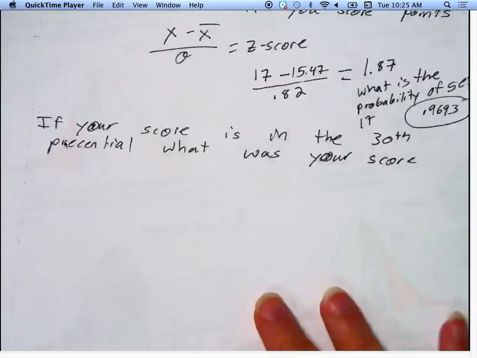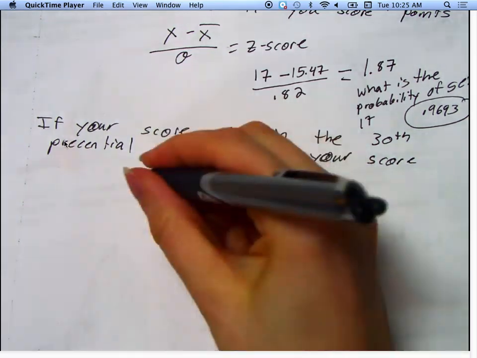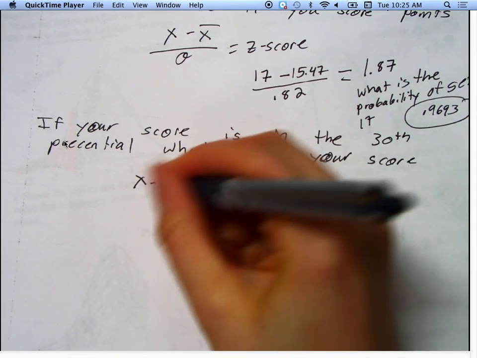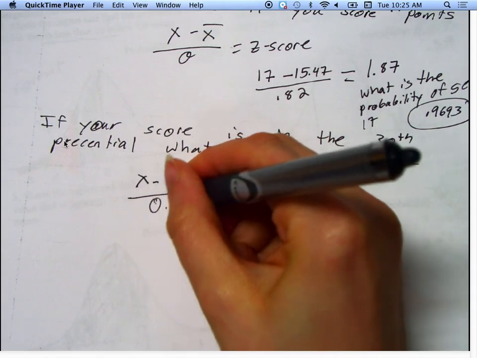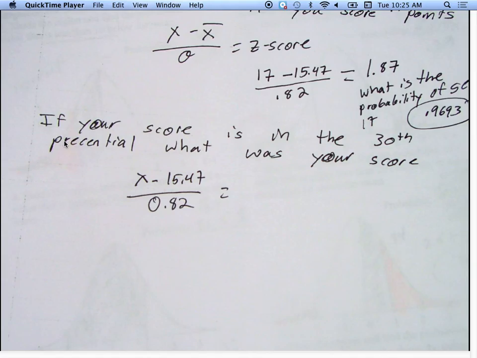If my score is in the 30th percentile, what's your score? So remember, we're going to use x minus the average, 15.47, over the standard deviation, 0.82. But how am I going to find the z-score to find my actual score? It says 30th percentile.